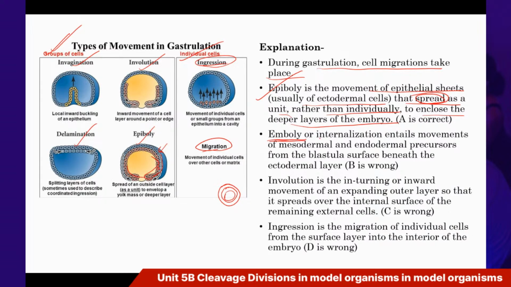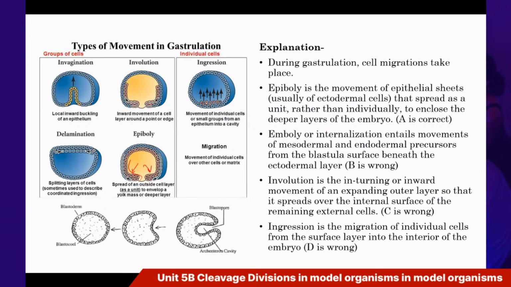Now what is emboly? Emboly is another type of movement where internalization is happening. It entails movements of mesoderm and endodermal precursors from the blastula surface beneath the ectodermal layer. You see these red cells, they are undergoing emboly. In the emboly diagram, this is the blastoderm, and the movement creates the archenteron.